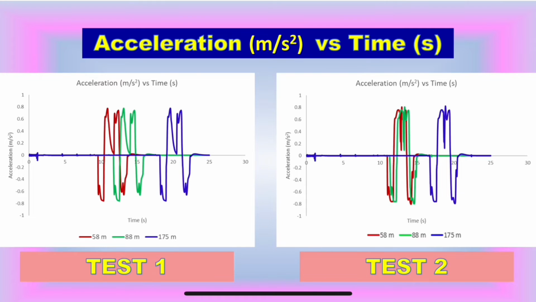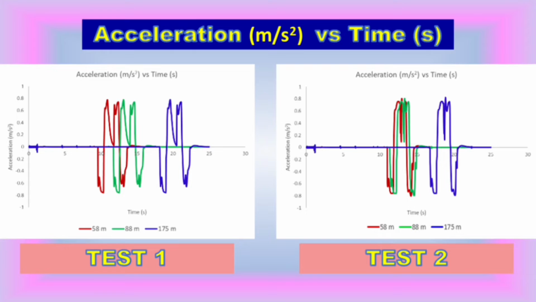For the acceleration versus time graph, both graphs respond at 1 second because that is when the vehicle starts to maneuver. For the result of test 1, it clearly shows that the difference between the two peaks is broader.